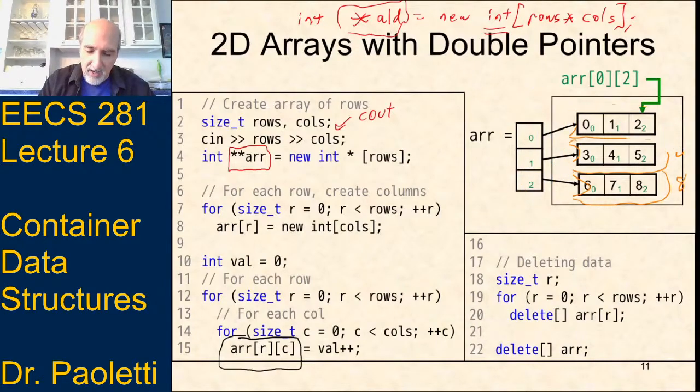So now, when I get down to line 15, and I say ARR sub R, R starts out at 0, so when R is equal to 0, ARR sub R is talking about this pointer. And then when C is equal to 0, ARR sub R sub C is looking at that element right there.